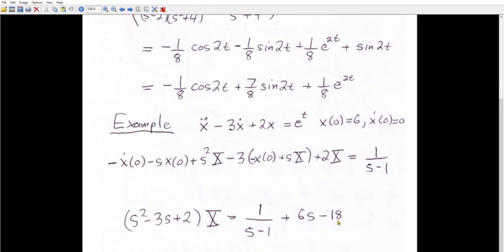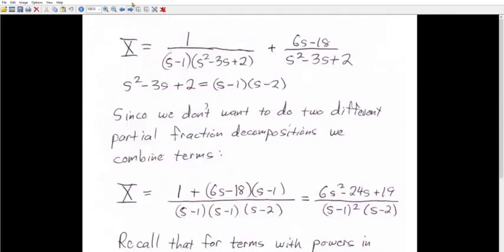We get a minus 18. And we finally divide through, and we get cap X is 1 over s minus 1 divided by s squared minus 3s plus 2, plus the initial conditions 6s minus 18 divided through by s squared minus 3s plus 2.